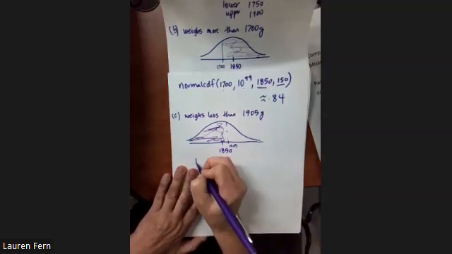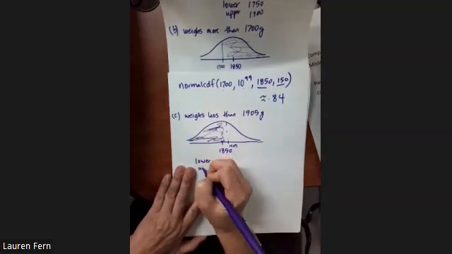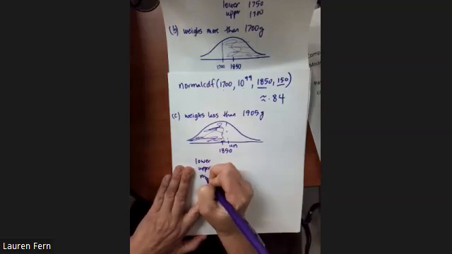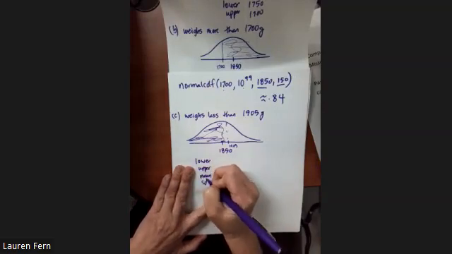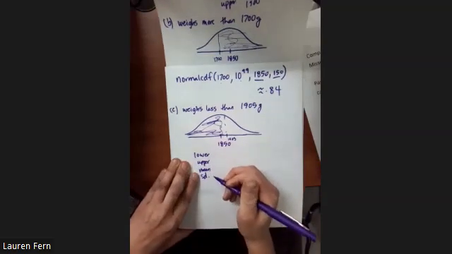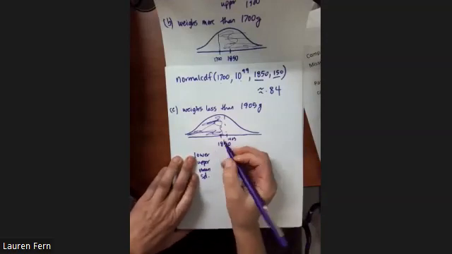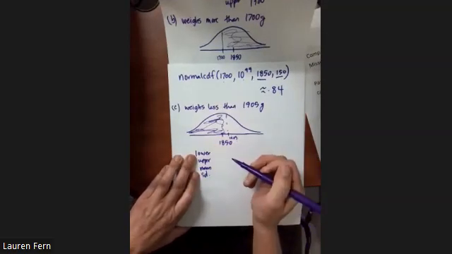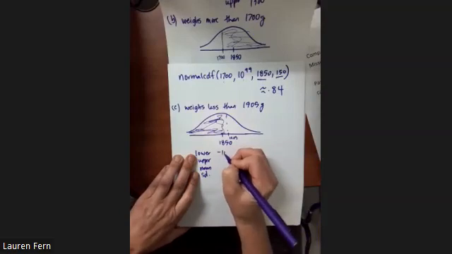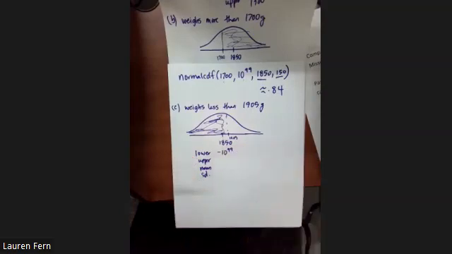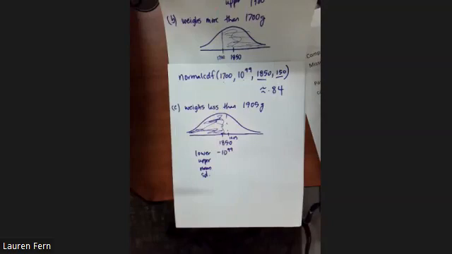All right, since it's less than, we have to determine what our lower and upper bound are. Well, what is our lower bound here? Negative 10 to the 99. Now, I realize a chicken is not going to weigh less than 0 grams, correct?